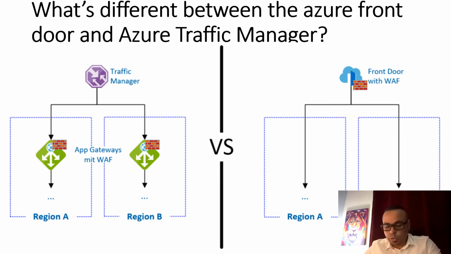So how can we compare Azure Front Door and Azure Traffic Manager? We need to ask about use cases: do we need to provide some services or features or not? Azure Front Door provides TLS protocol termination, but Azure Traffic Manager doesn't provide this feature. TLS termination, SSL offload, what does that mean?